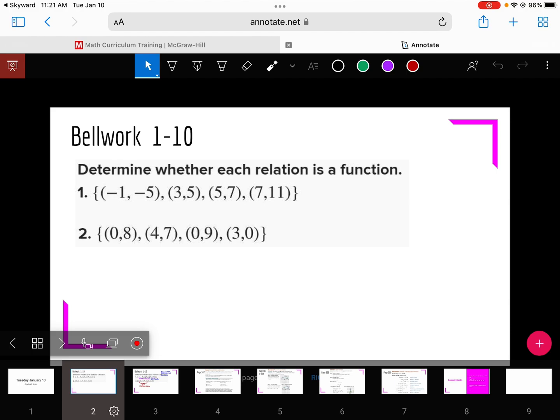Domain. What about the domain? Domain is x, range is y. I like that. We can work with that.